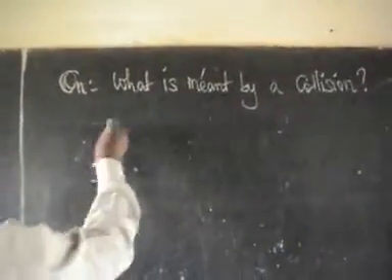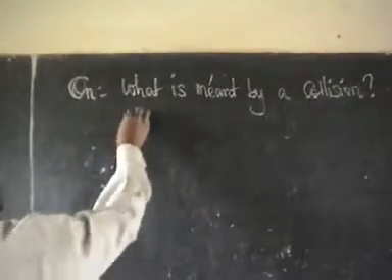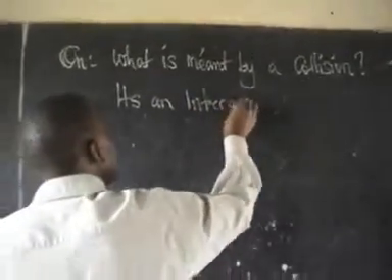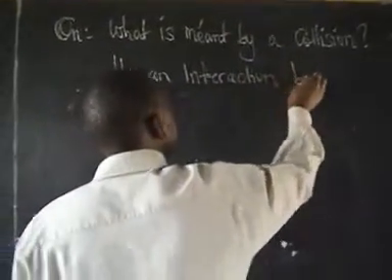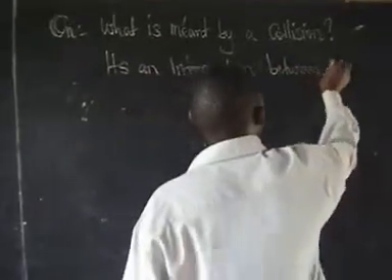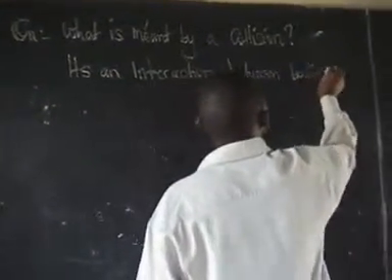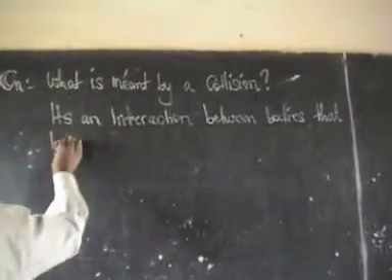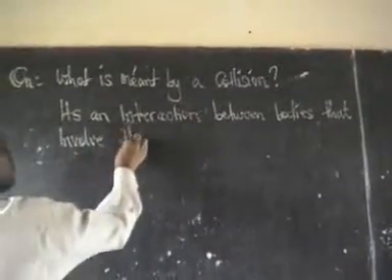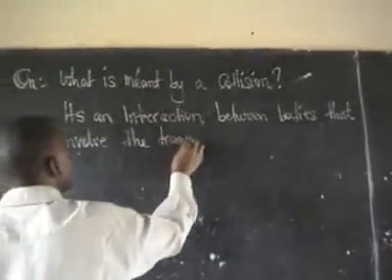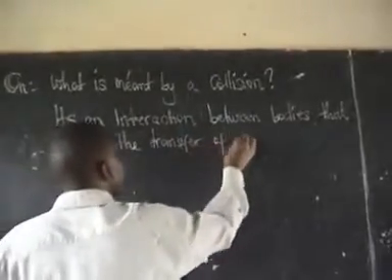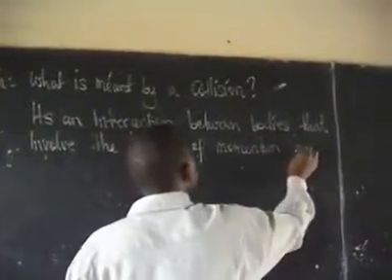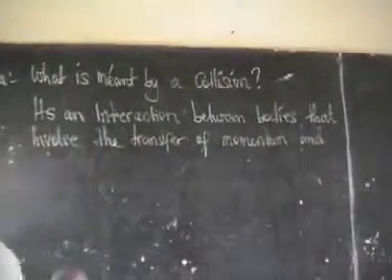A collision is an interaction between bodies that involves the transfer of momentum and kinetic energy.